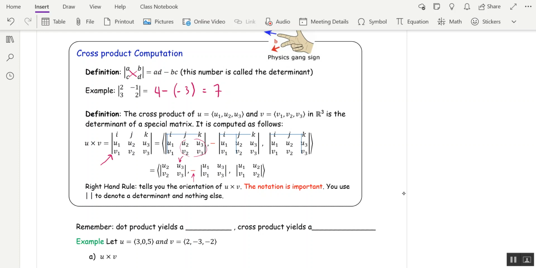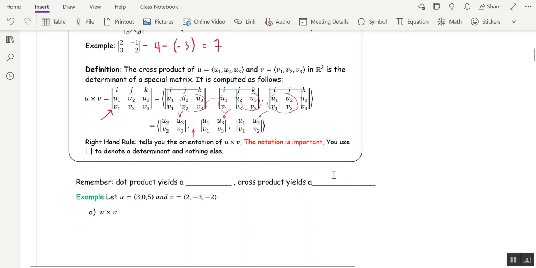Cross out top row, middle column, and take the determinant of the four numbers that are left. Finally, you guessed it, cross out the last column, first row, take the determinant of the four numbers that are left. And that will give you a vector.